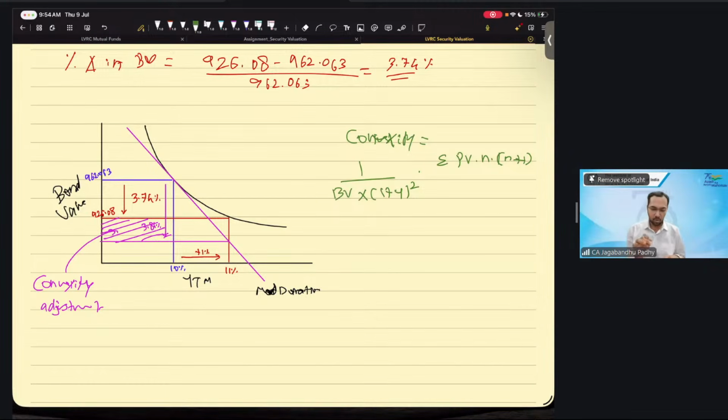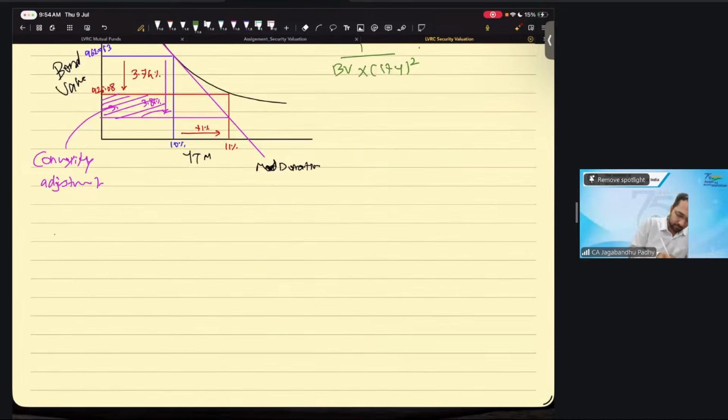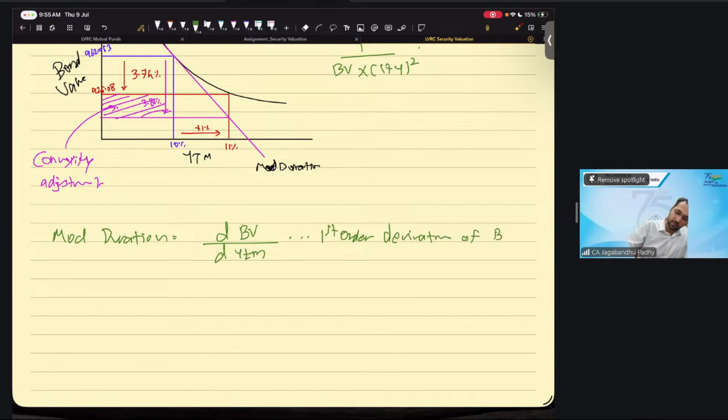Now remember the modified duration that we did. Modified duration is essentially your derivative of bond value with respect to YTM. So this is your first order derivative of bond value with respect to YTM, because you're looking at the change in the bond value with respect to change in YTM.